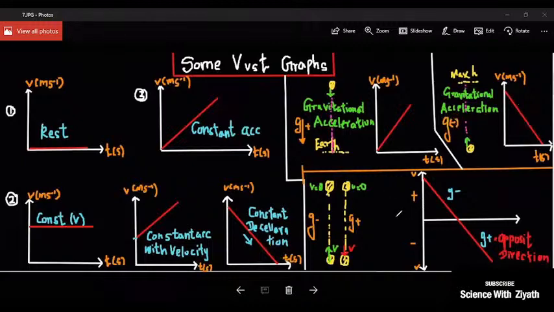At the same time, remember, now if the ball is thrown up, when it is thrown, this is G minus. So if it's G minus, the graph would be something like this. Then the ball goes to maximum height.